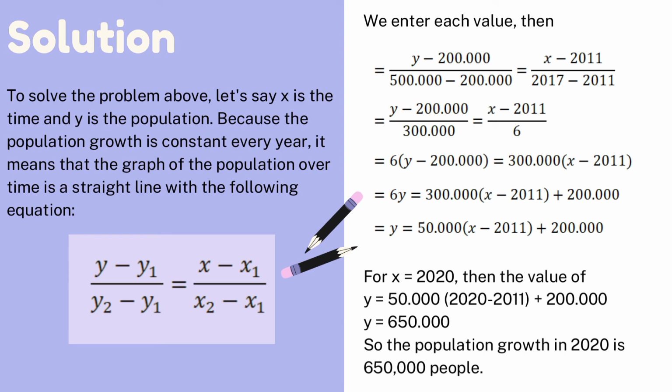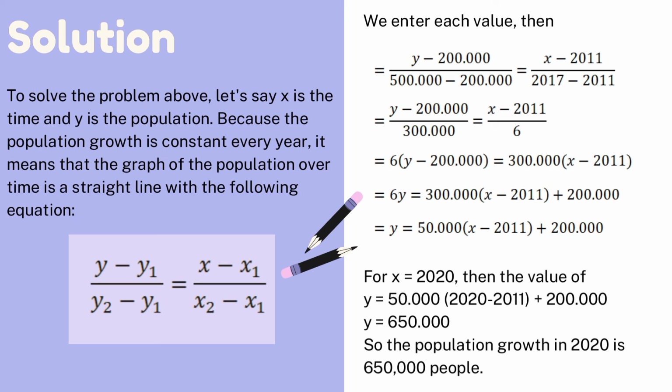Then we cross multiply so that it becomes 6 times (y minus 200,000) equals 300,000 times (x minus 2011). Then move the constant to the right so that 6y equals 300,000 times (x minus 2011) plus 200,000. Then we divide 300,000 by 6.